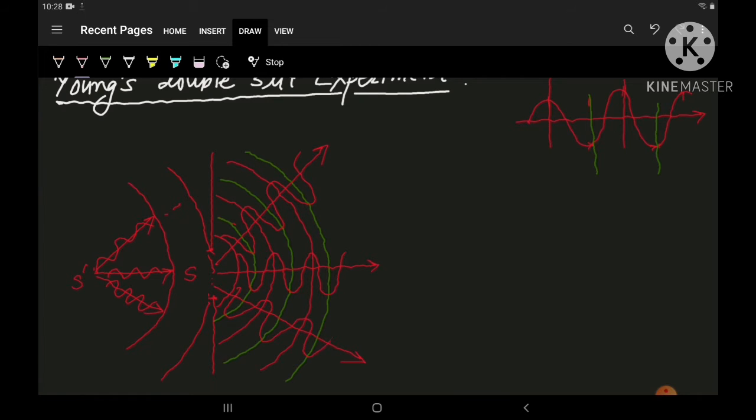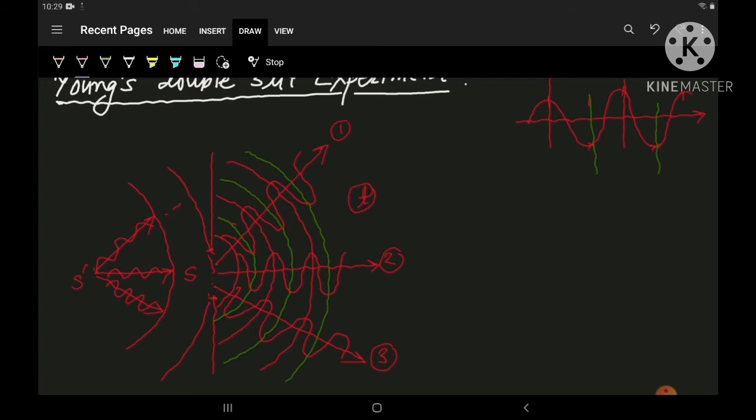Suppose we have three waves: wave 1, wave 2 and wave 3, which are produced at the same instant t. Then the wavefront corresponding to these waves is given by the red and green lines.